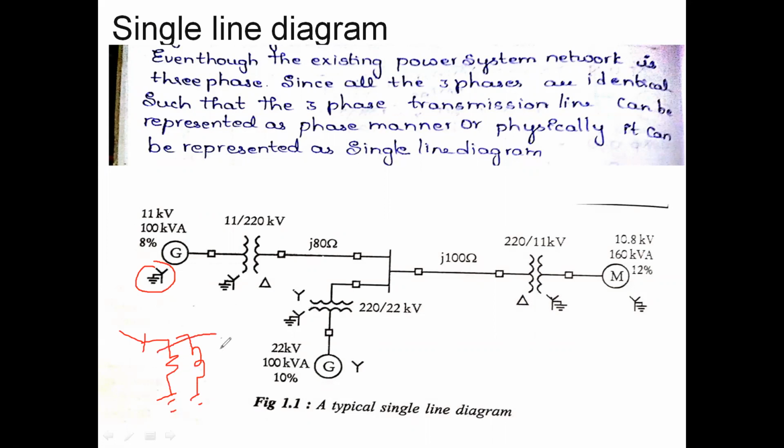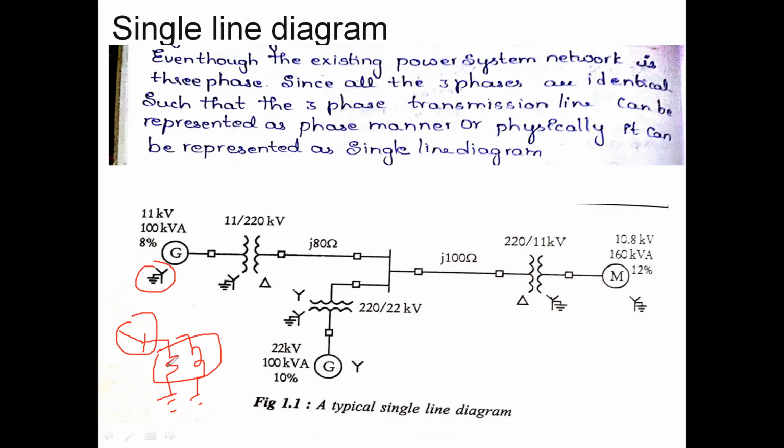This is a generator which is star connected. It may not be directly connected to the ground. It may be grounded using some resistance or inductance in order to limit the ground fault current. When a ground fault occurs in a generator, that means some phase touches the neutral, a huge amount of current flows in the circuit.